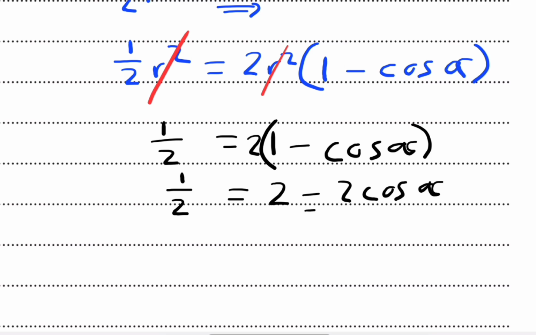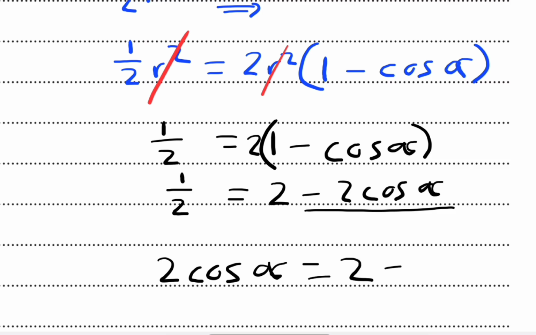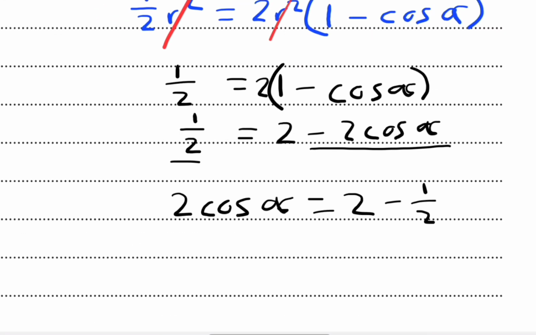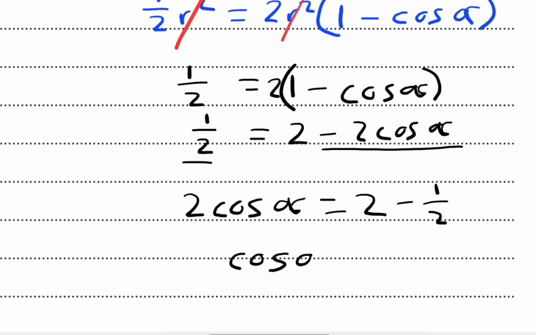And if we take this minus 2 cos alpha to the other side, it will be 2 cos alpha equals 2 minus, taking this half to the other side, it's like this. So cos alpha equals 1.5. Then we're going to divide everything by 2.